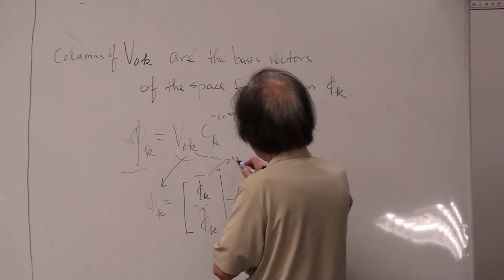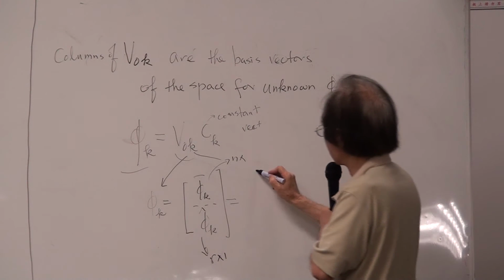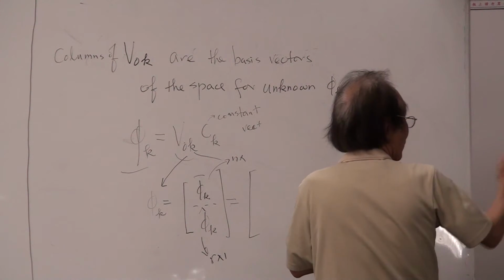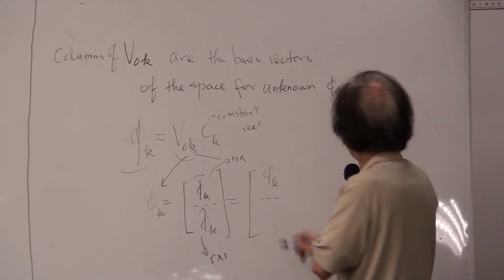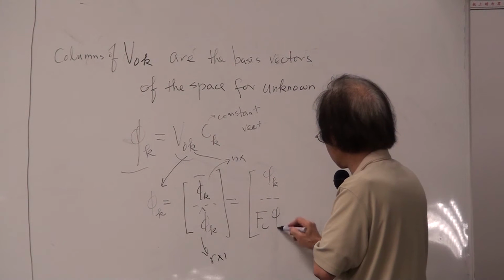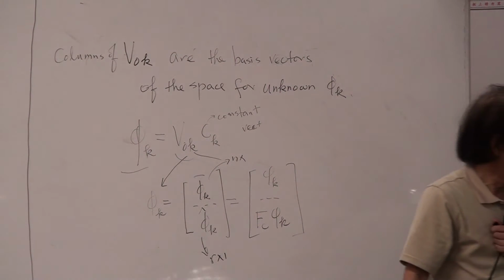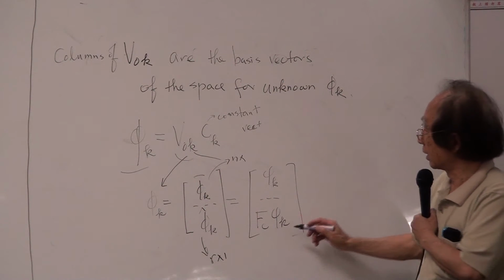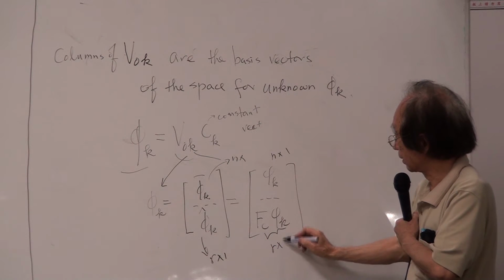The first piece is n by 1, the second piece is r by 1. And that, in theory, is my psi k, and that's my f psi k. So this is n by 1, and this is r by 1.